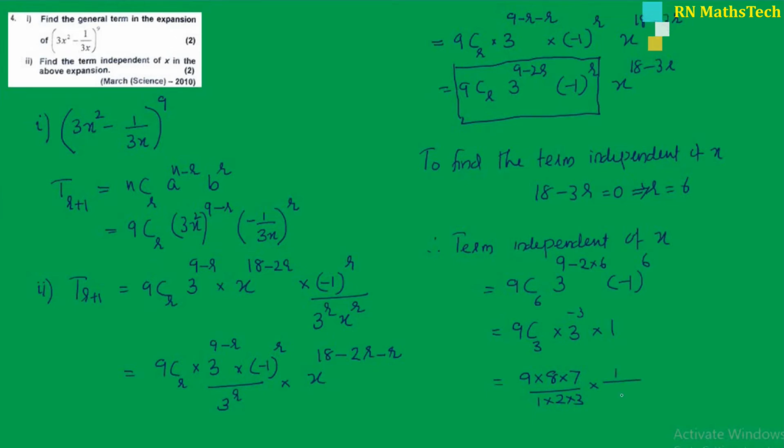Here it is 1 by 3 cube. So 2, 4, 3, here 3, then again 3 square. Okay. So 28 divided by 9. 28 by 9 is the answer.